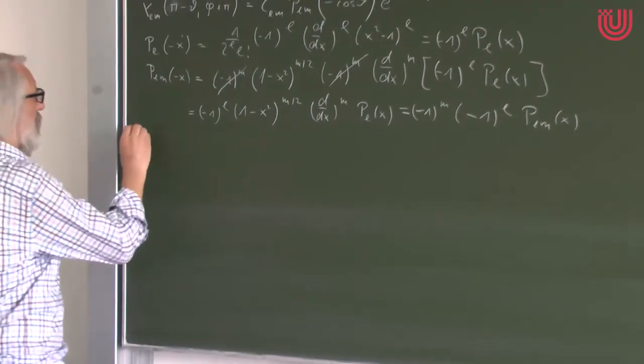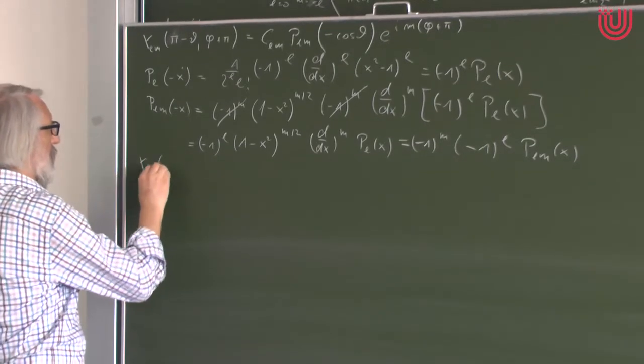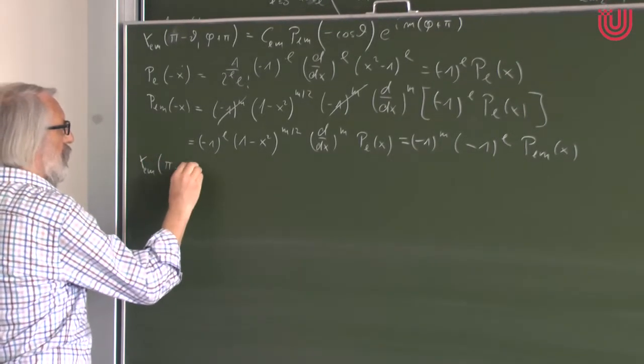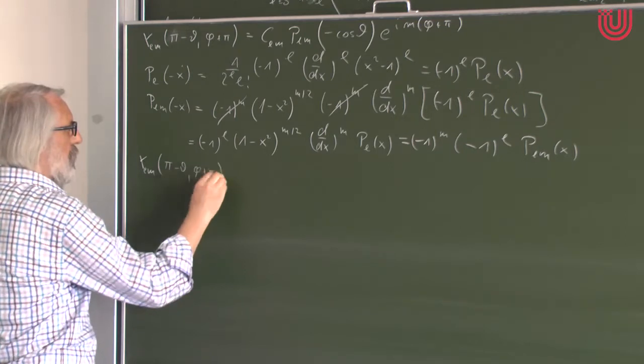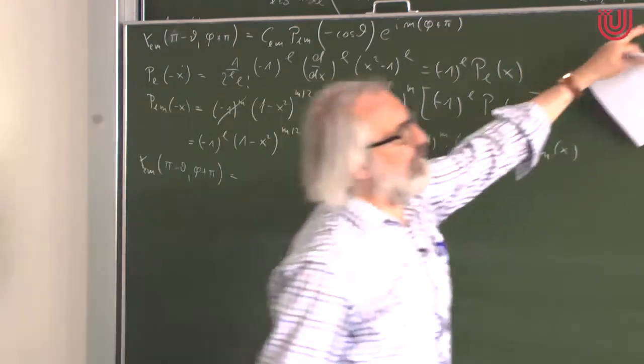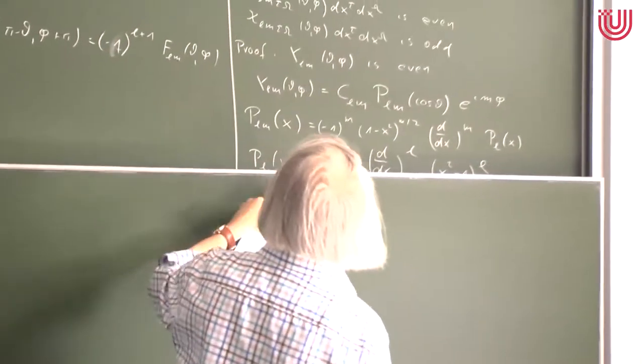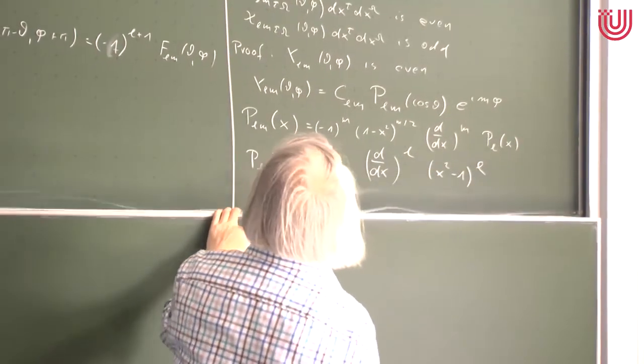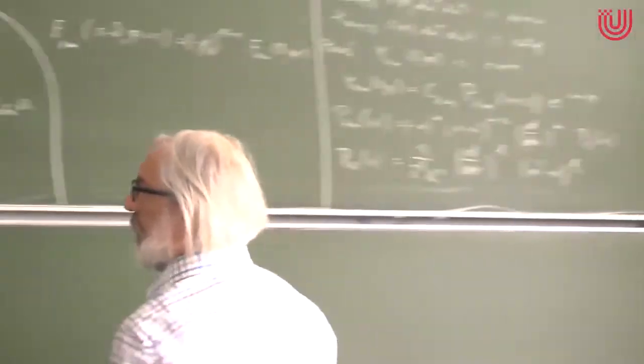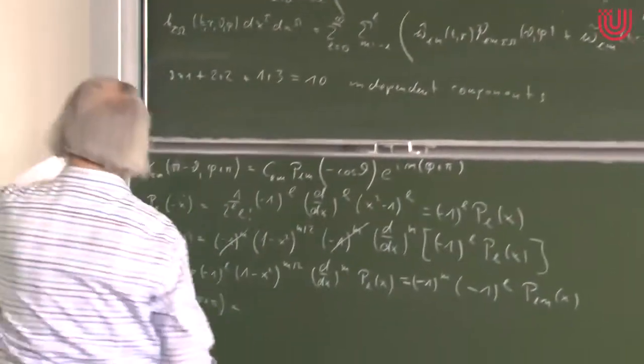And this means now I can collect everything together. Pi minus theta, phi plus pi. I've written it here. It's what? So it's CLM. Oops, where is it? Here it is in the first line here.